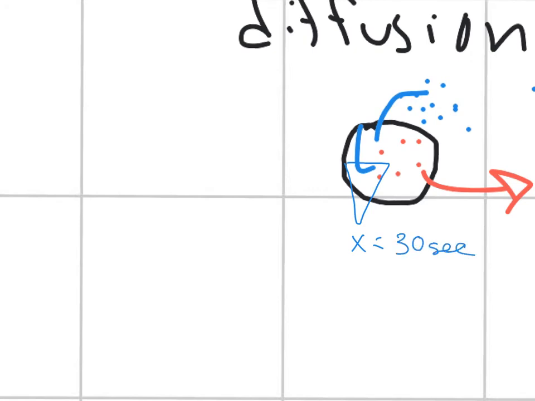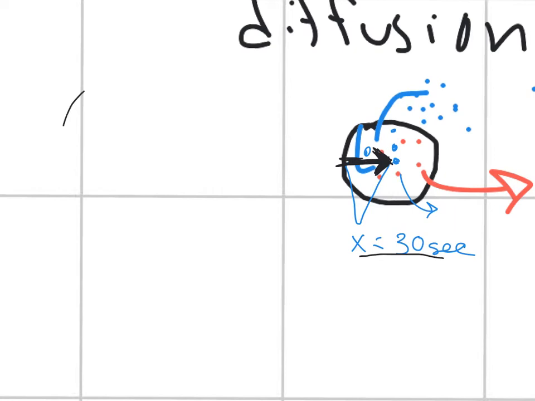For a given size, all the little spots in here are going to need to get oxygen, and this carbon dioxide is going to have to get out. Let's say it takes 30 seconds to move this distance if you're an oxygen molecule trying to get in the cell. So this is the radius. It takes 30 seconds to get there.